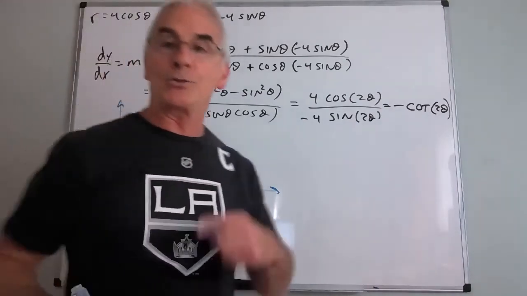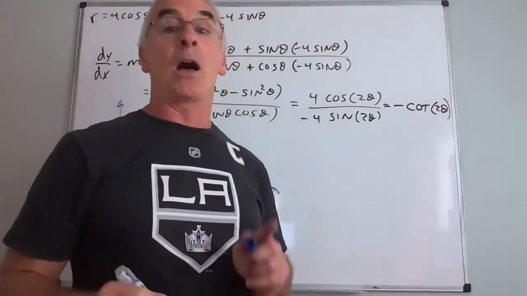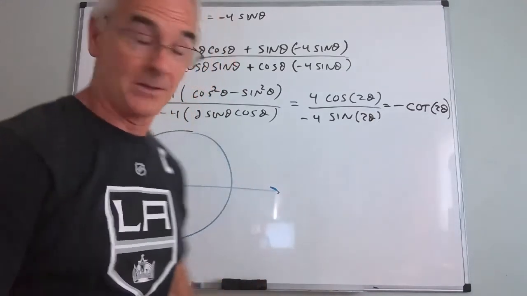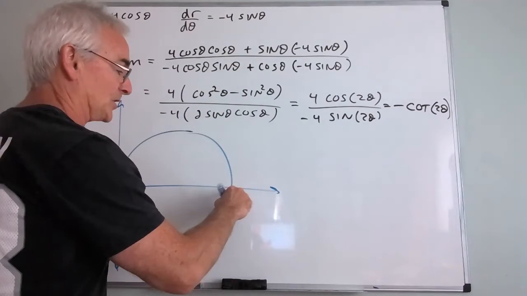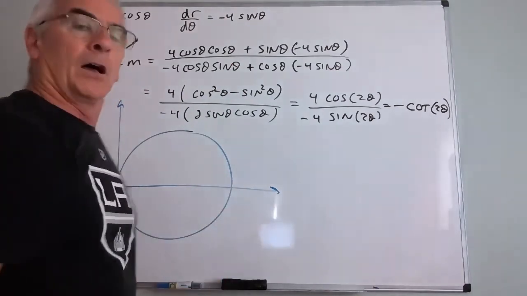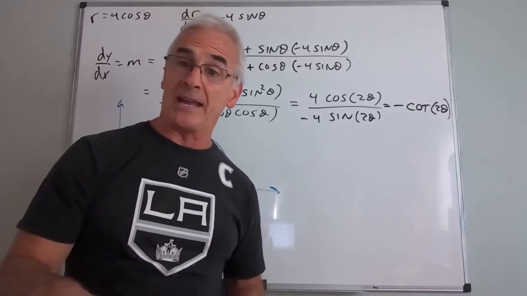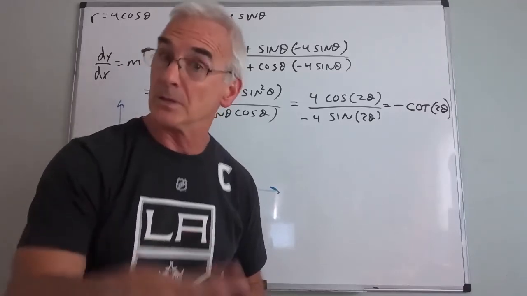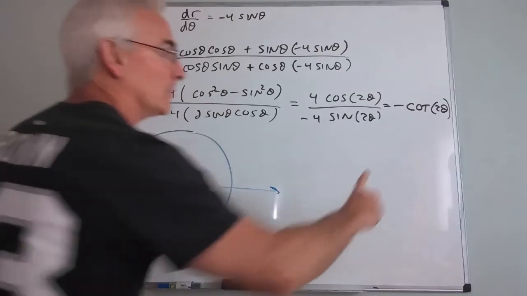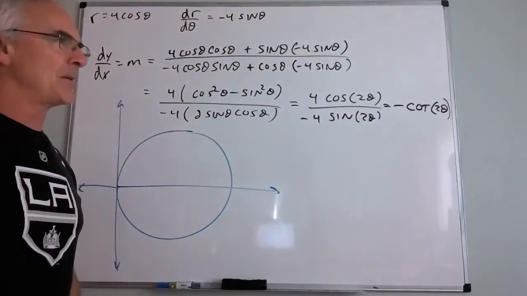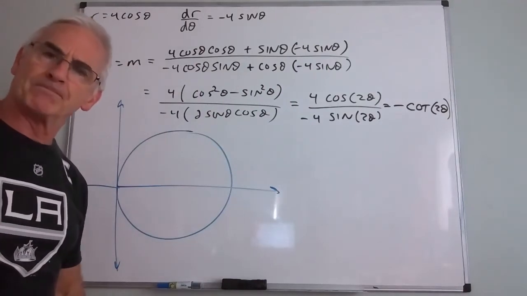Now remember, cotan is the reciprocal of tangent. Tangent of 0 is 0, cotangent of 0 is undefined. So at this place I'm undefined. Tangent of pi over 2 is undefined, but cotangent of pi over 2 is 0. When is my angle pi over 2? That means theta would have to be pi over 4, wouldn't it?